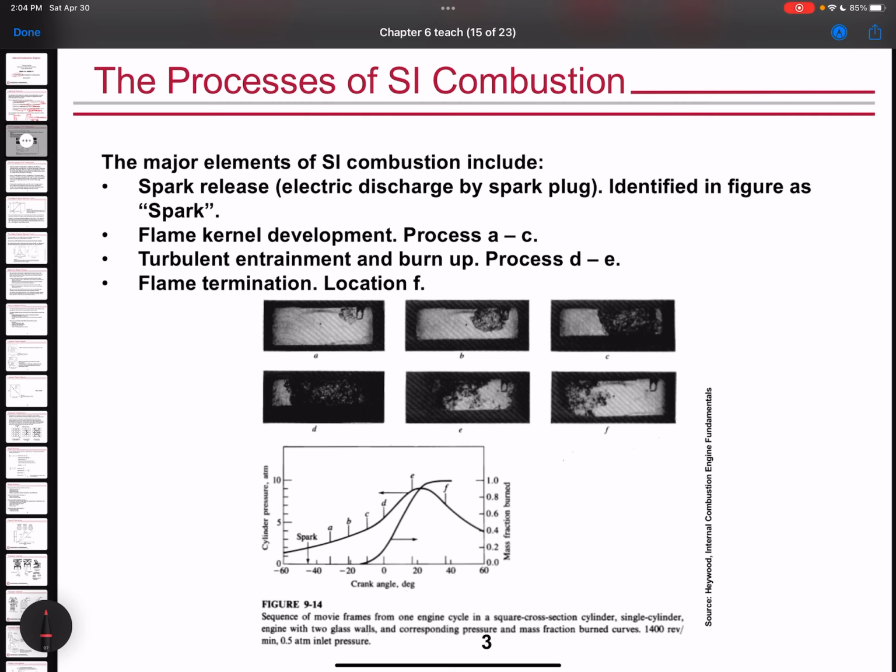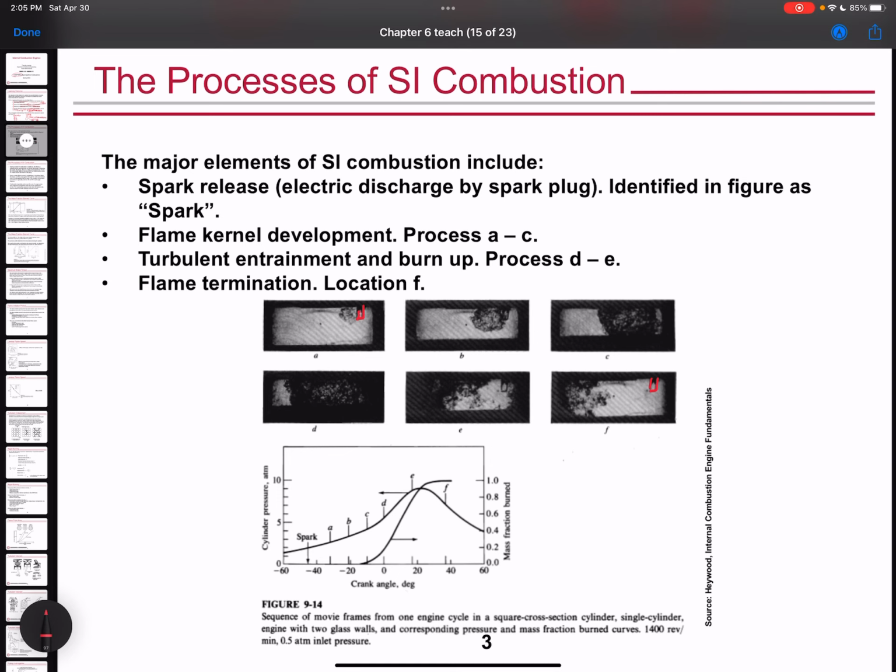Okay, and so you have literally a little spark plug that you can see in this first image here, image A, and you can see it a little bit better here in image F, where you literally have a metal strap that extends into the cylinder, and there is a current that flows between the anode and the cathode of this spark plug, and it creates an ionized plasma that then leads to the ensuing combustion chemistry.